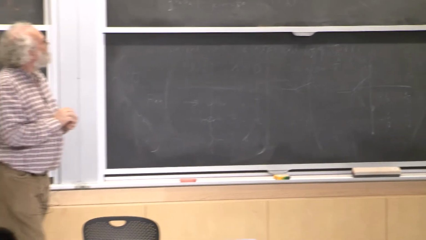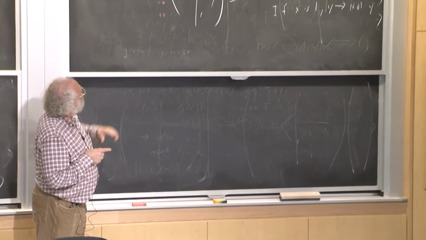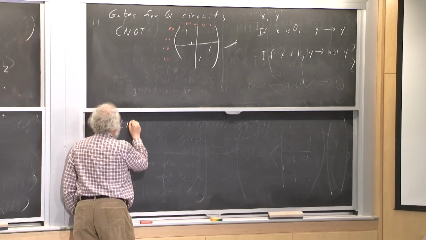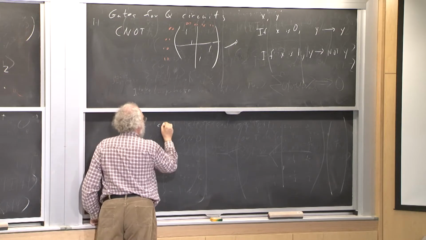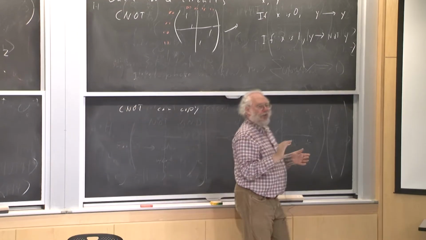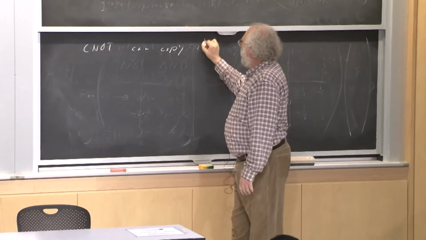But first, maybe I should say something about the controlled NOT gate. So I'm going to say C0 can copy, well, not qubits, but classical information.